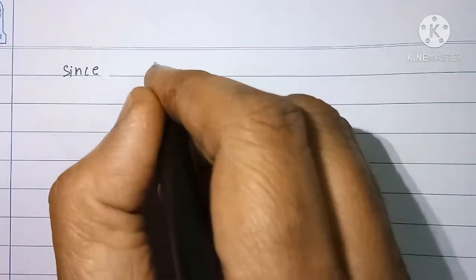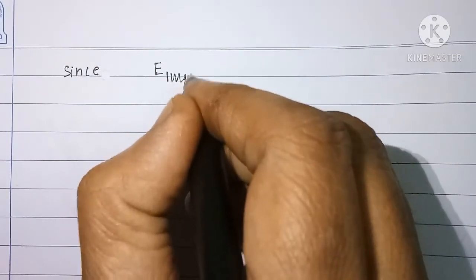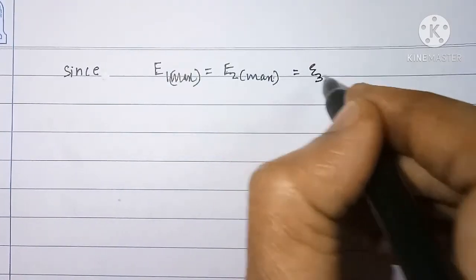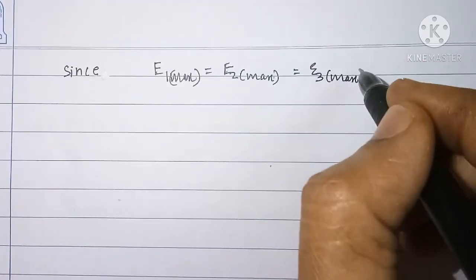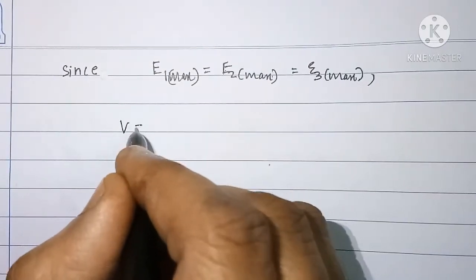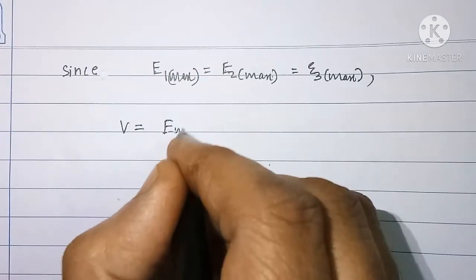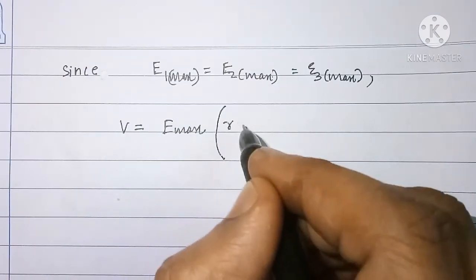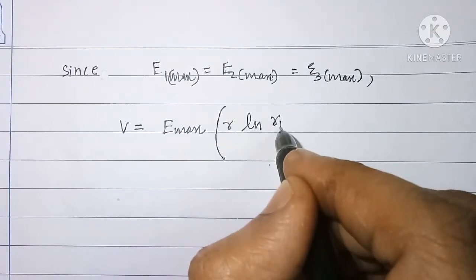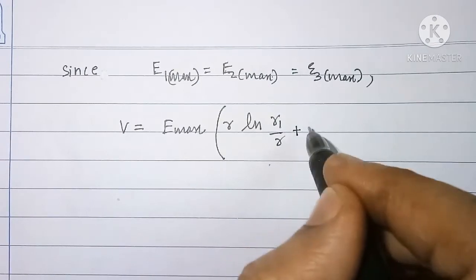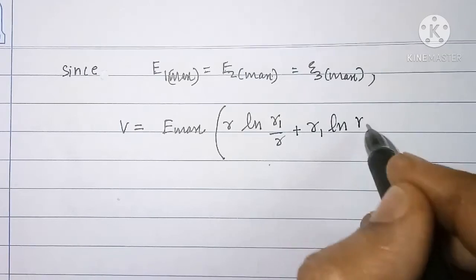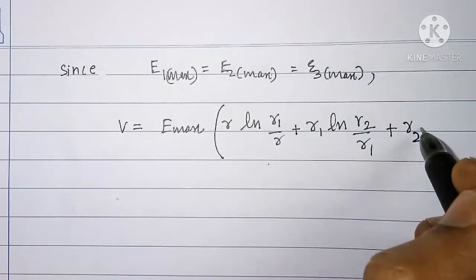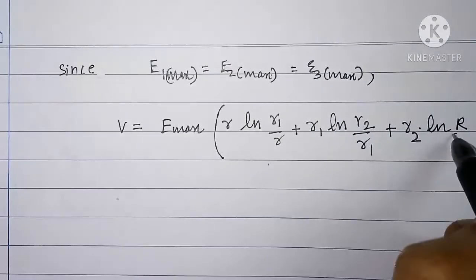Since we have considered E1 max equal to E2 max equal to E3 max, V may be calculated as E max into the bracket R into ln of R1 by R plus R1 into ln of R2 by R1 plus R2 into ln of capital R by R2.